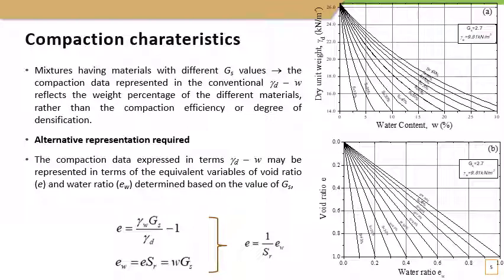However, for these materials, because they are quite different, specifically their specific gravity, using the conventional representation may lead to erroneous assumptions. The alternative representation that I'm proposing in the paper is the use of void ratio in lieu of the dry unit weight, and the use of water ratio in lieu of water content.